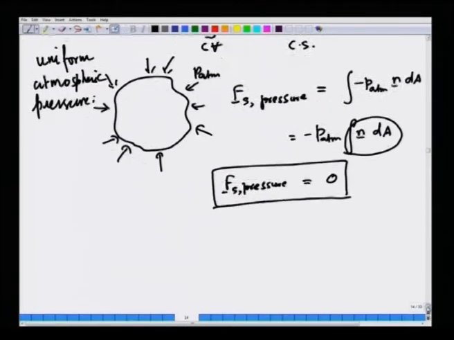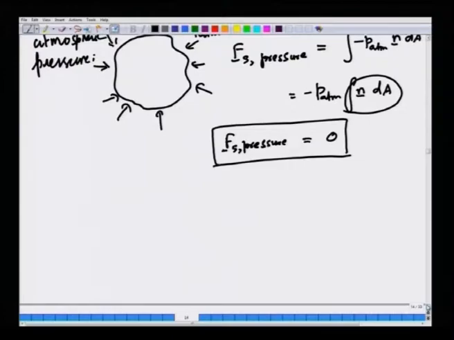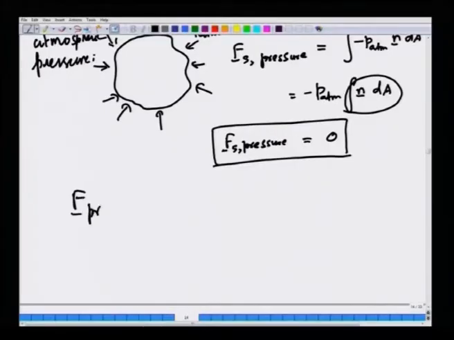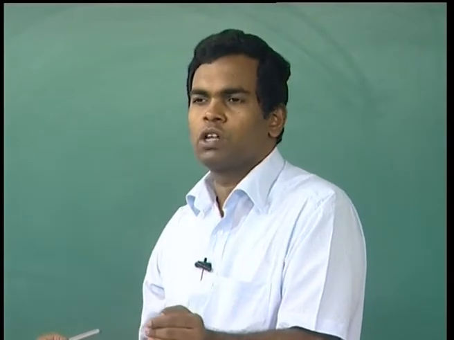In many problems, you may not just have the atmospheric pressure, you may have something else in addition to atmospheric pressure. So, if you have, let us say, a pump that is uniformly exposed to the atmosphere, the only thing that will matter is the difference between the actual pressure and atmospheric pressure, because the net effect of a uniform atmospheric pressure on the entire control surface is exactly 0, as all the components will identically cancel out.